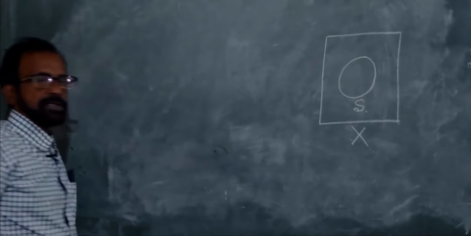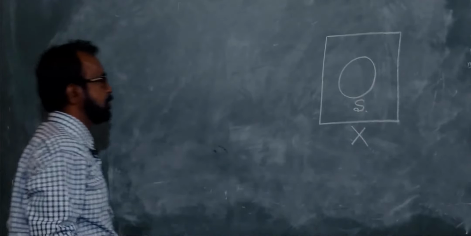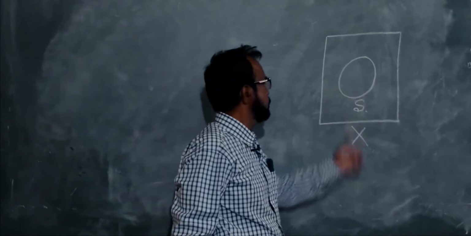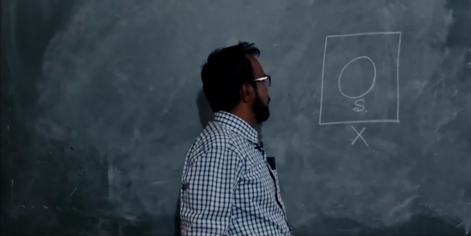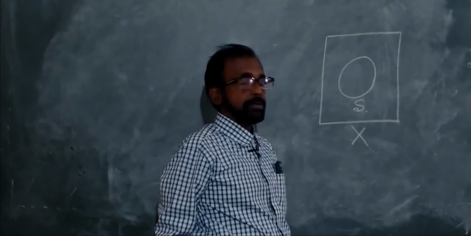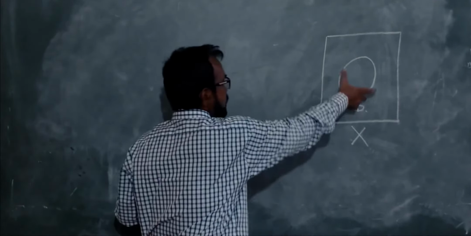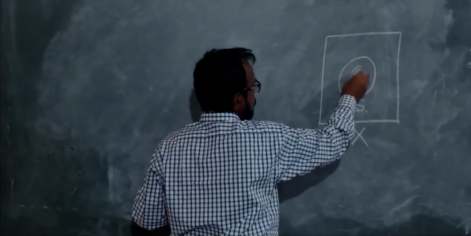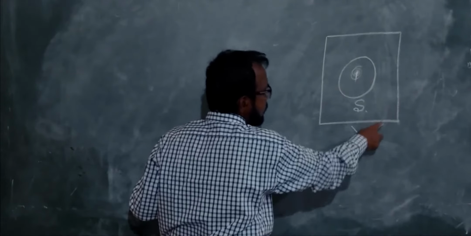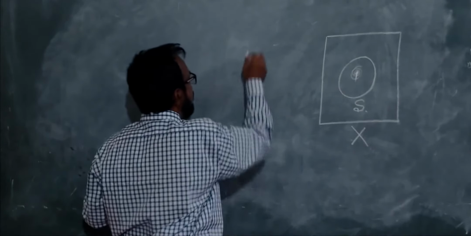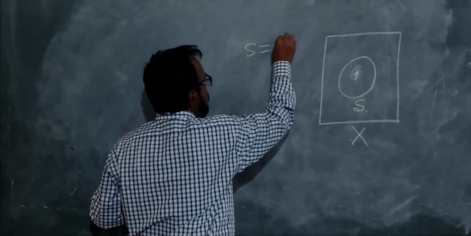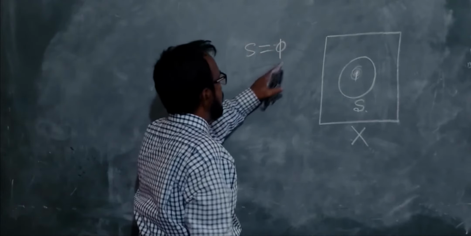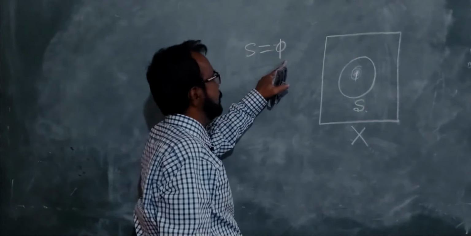Let X be a metric space and S a subset of X. Then prove that the null set phi and the whole space X are open. Phi is a subset of this set. So if S is equal to phi, then this set is open.